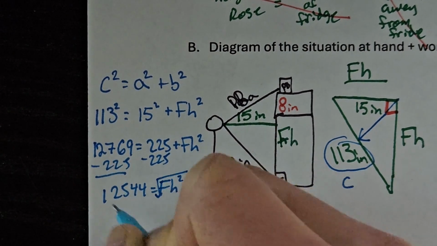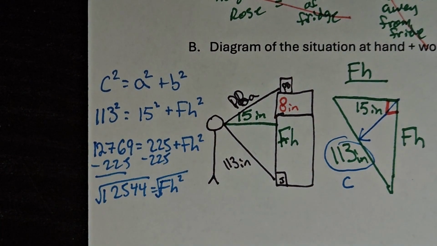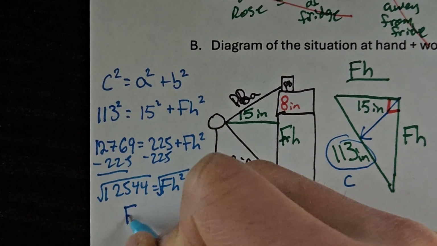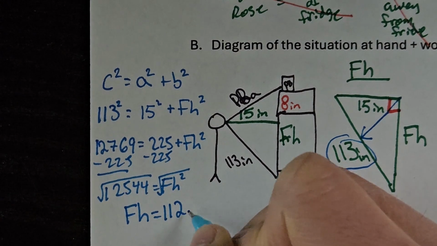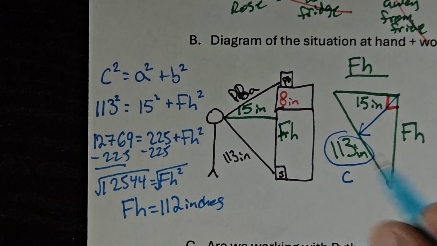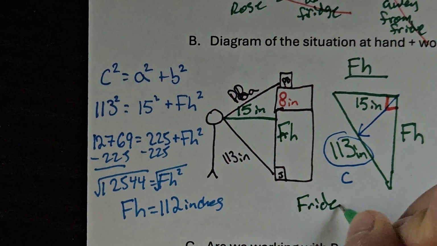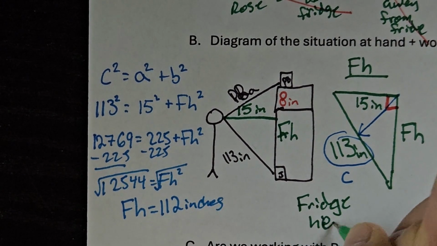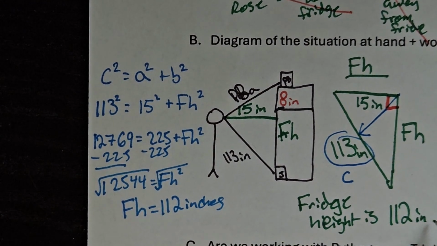And now to cancel out that square, I need to take the square root. When I take that square root for FH, I will end up with 112 inches. So that means the fridge height is 112 inches.